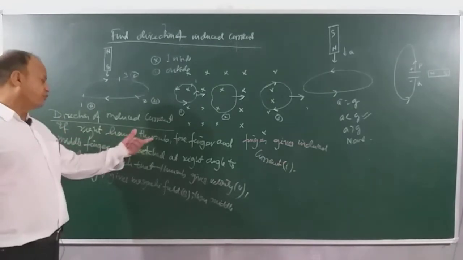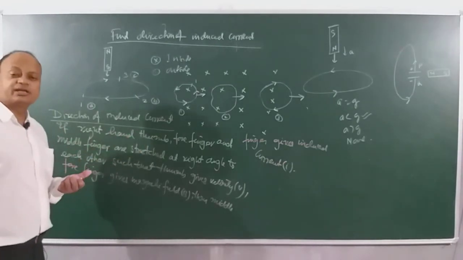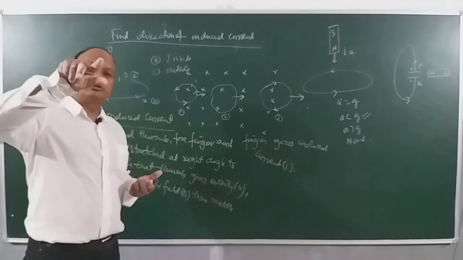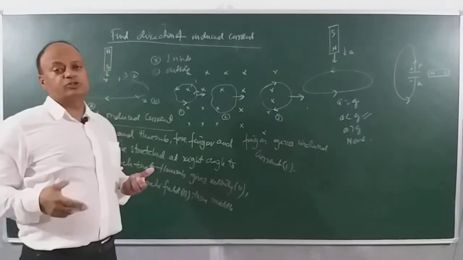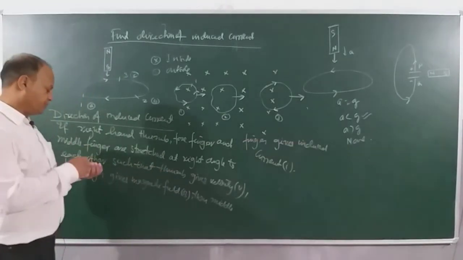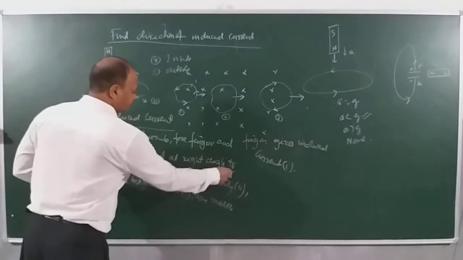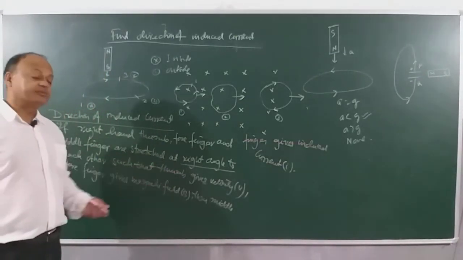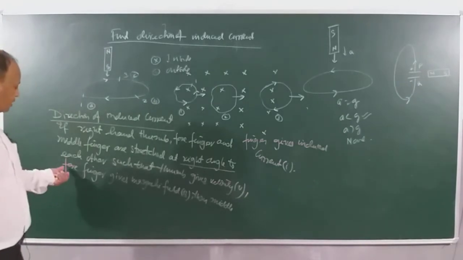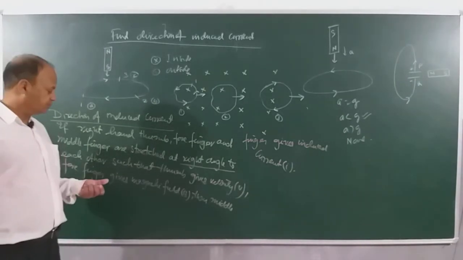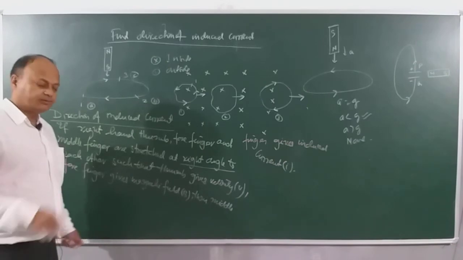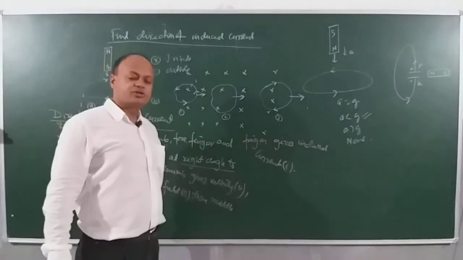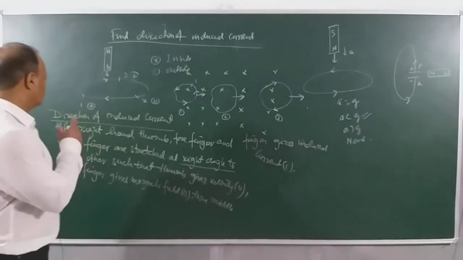If right hand thumb, forefinger and middle finger are stretched at right angle to each other, remember all three have to be perpendicular. If any two of them are not perpendicular, then there is no induced current. So they must be at right angle to each other, right? Such that the thumb gives the velocity, very important. Forefinger gives the direction of magnetic field, sorry. Then the middle finger gives what? Induced current I.